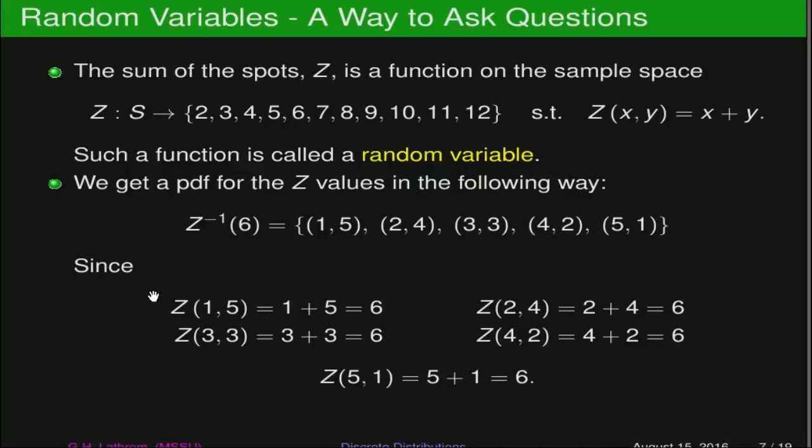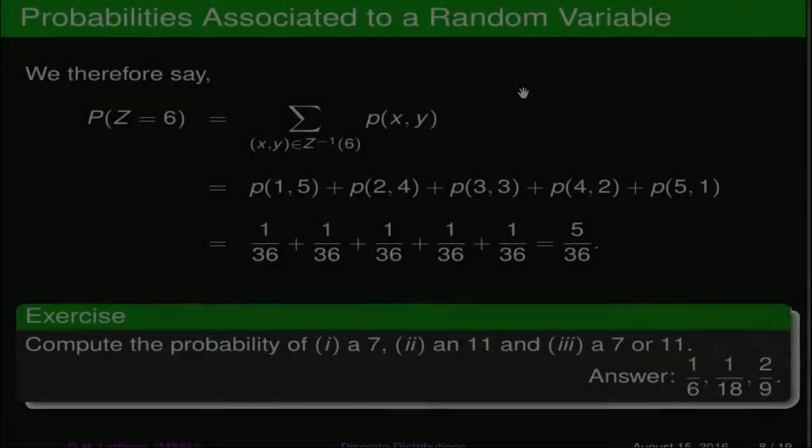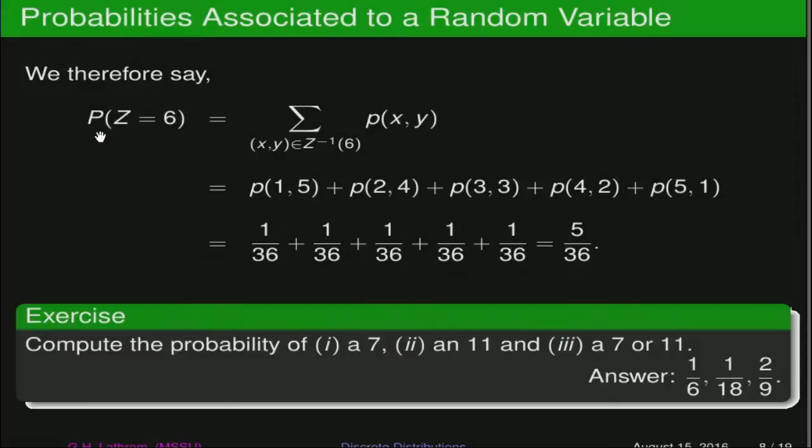And so what we can do then is to say that the probability of rolling a 6, so the probability that the Z value is going to be 6, is going to be equal to the sum of the probabilities of all of the entries in the sample space that get sent to 6.